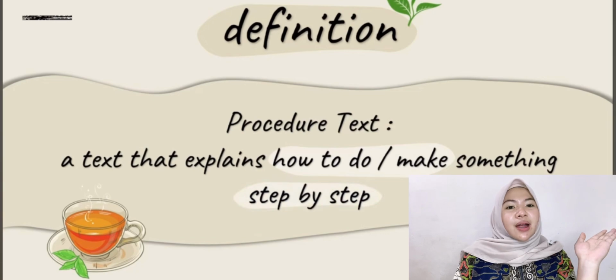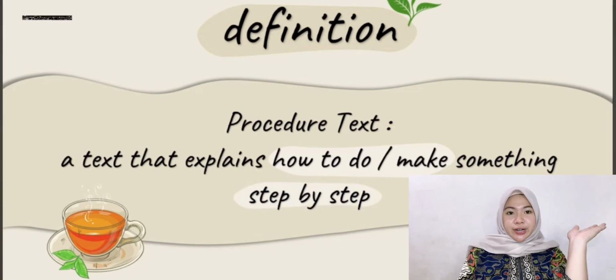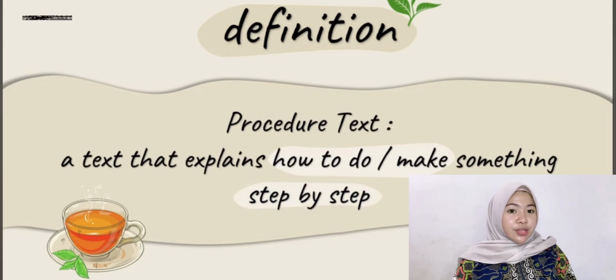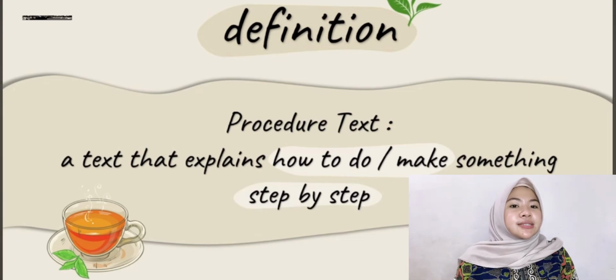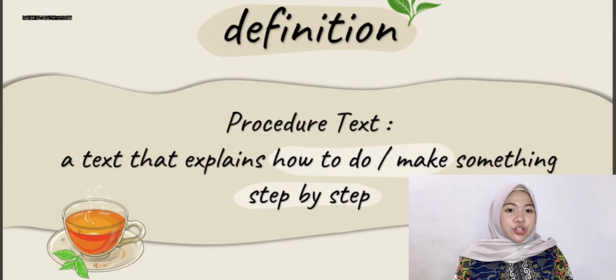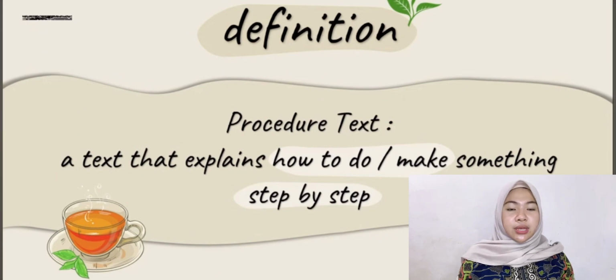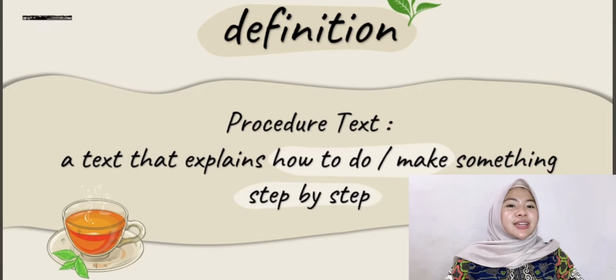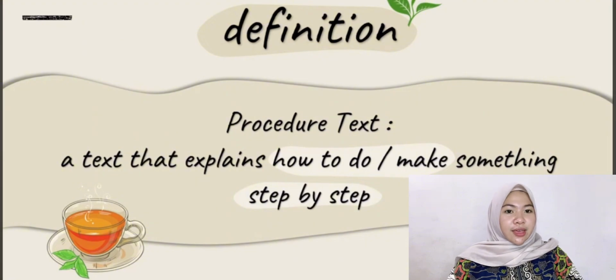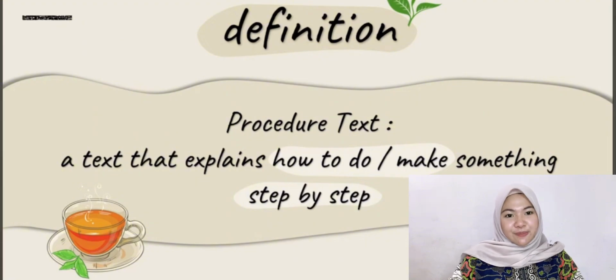In tips, the steps are not always in order and they can be changed. But in a procedure text, the step must be in sequence. If you change the order of the steps, for example, from step 7 to beginning, the result will be messy. So remember, the keyword of a procedure text is step by step.